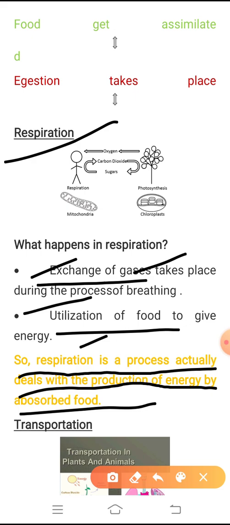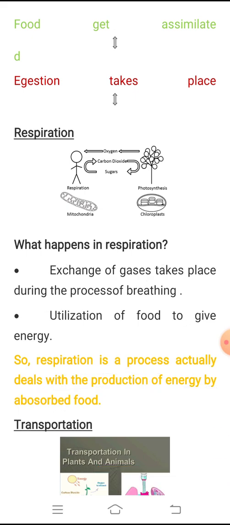Energy is the primary thing required for every living organism. Each and every living organism performs different kinds of activities, and to perform all of them, energy is very important. That energy is released under the process of respiration. Now, you can look at this picture. What is exactly happening in this picture?